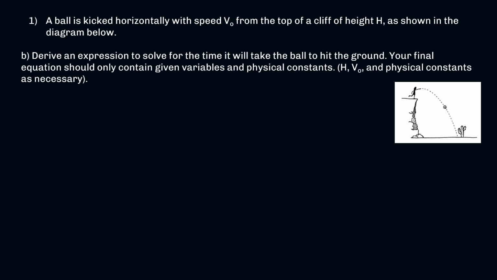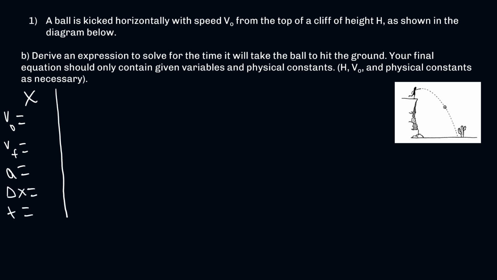But what I'm going to do first to tackle this is set up my kinematics charts. I'm going to have my x and my y, my horizontal and my vertical. On the side, I'm going to set up x: v naught equals, vf equals, acceleration equals, delta x equals, and then time equals.